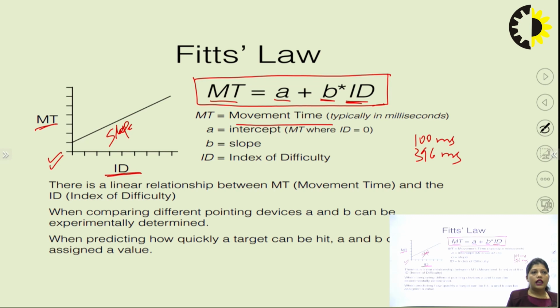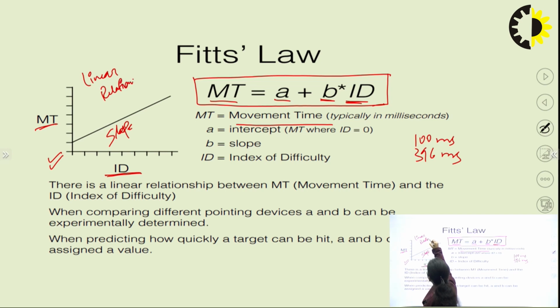So there is a linear relationship between the movement time and the index of difficulty. This relationship is shown through that graph. This is a linear relationship. So in this graph, we can easily show that the relationship between the movement time and index of difficulty is linear. When comparing different pointing devices, A and B can be experimentally determined.